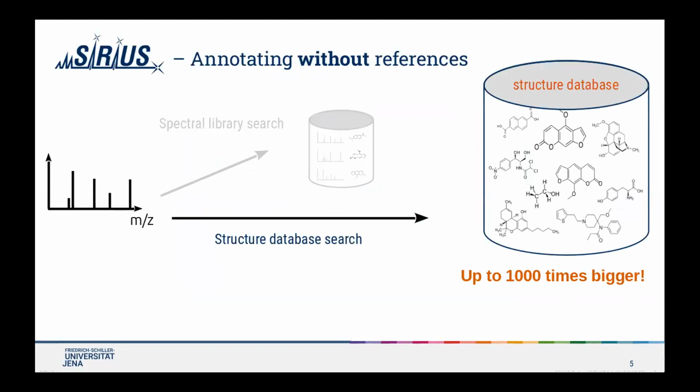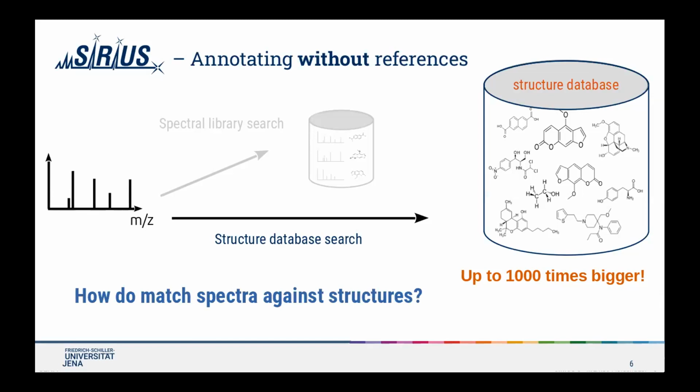We basically want to provide you additional in silico annotations by searching your spectrum in a molecular structure database. These are much bigger than spectral libraries, because obviously not for every compound we know, we also have a reference spectrum. And so this really gives us the possibility to search against the entire chemical space we know.